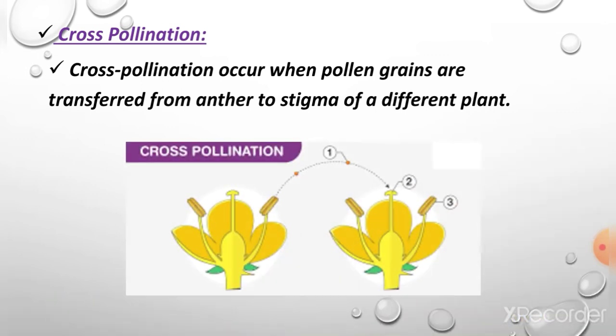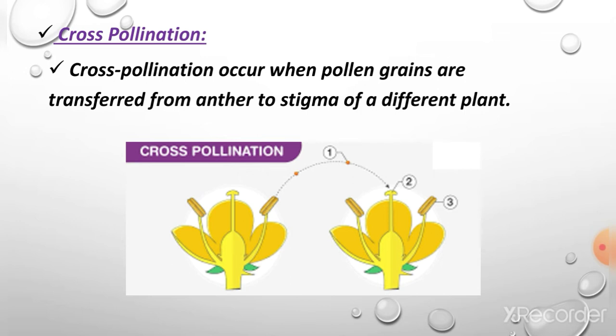Cross-pollination occurs when pollen grains are transferred from anther to stigma of a different plant. So self-pollination means the pollen grains of the male part of the flower reach the stigma, the female part of the flower, within the same flower or a different flower of the same kind.